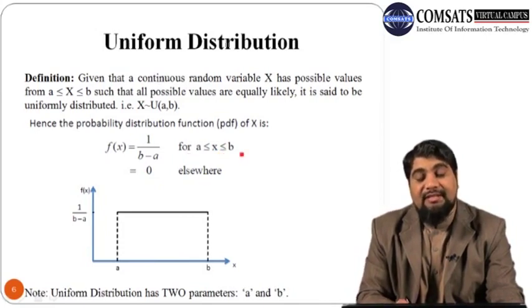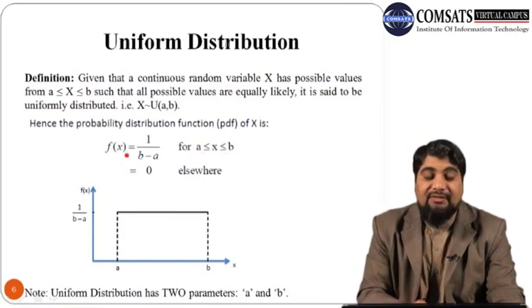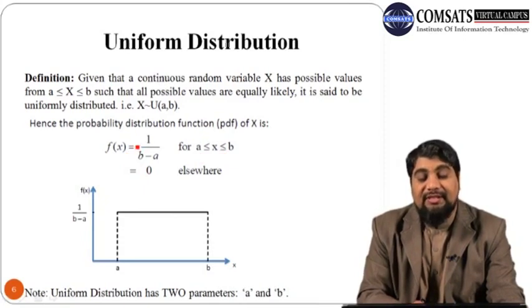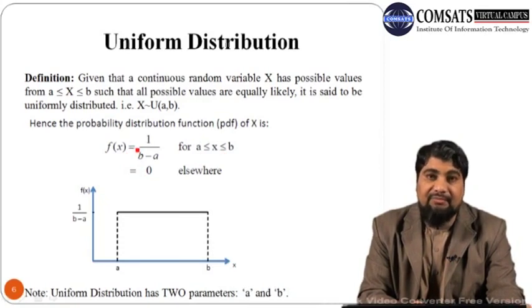Elsewhere means when x is greater than b or when x is less than a. So whenever x takes values other than this interval, this function will be equal to 0. So this is the probability density function of a uniform random variable x.